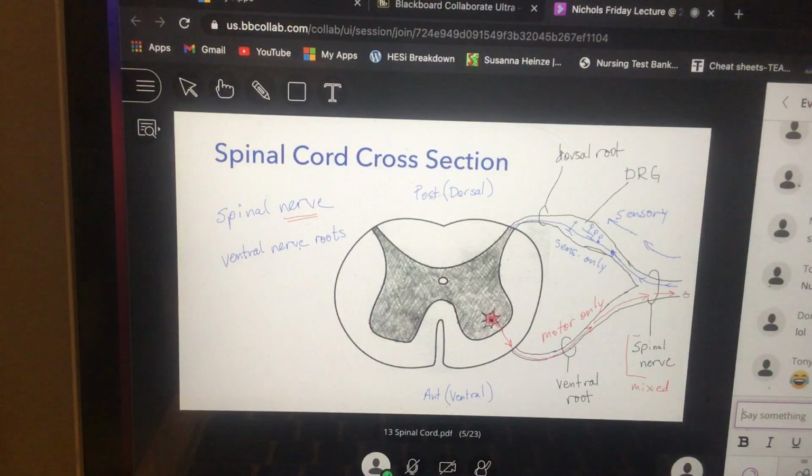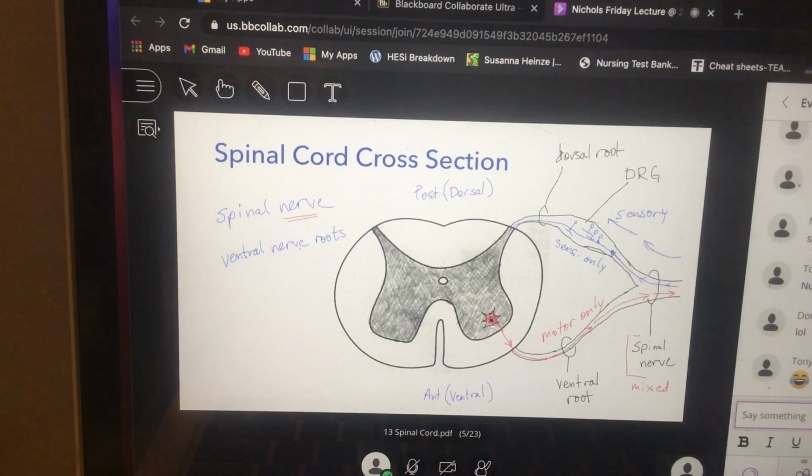But you got it. Tanya was the first one to get the idea I was driving at. Literally, let me use my little pointer finger again. This soma, the cell body in the anterior gray horn of the spinal cord, has a single axon that will continuously go all the way out to that neuromuscular junction, where, as you guys correctly said, it will innervate and excite a skeletal muscle at that motor end plate, releasing acetylcholine.